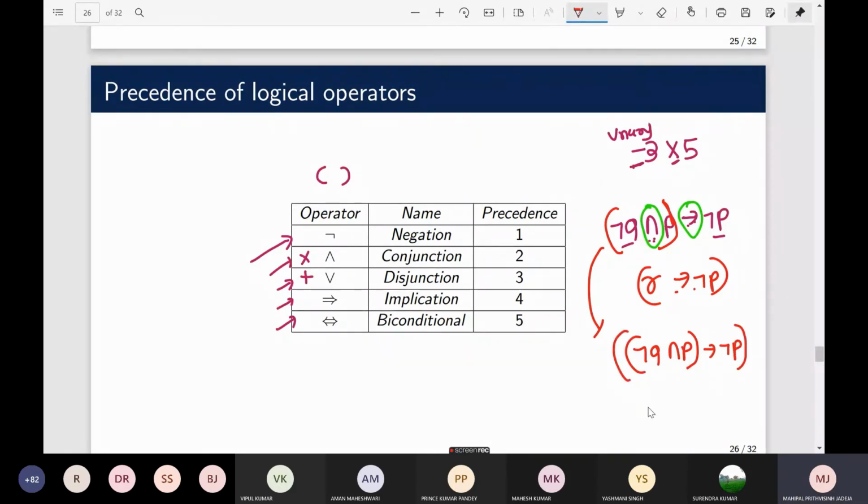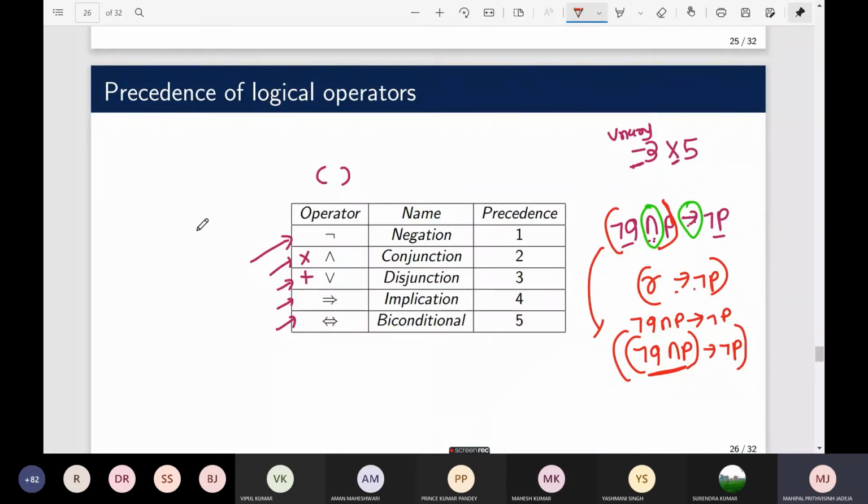The initial proposition was negation Q and P implies negation P. Here precedence rules are not clear, but by putting these brackets, we have made it clear to give more importance to the conjunction and then perform the implication over the simplification of the conjunction. So that is the idea of precedence.